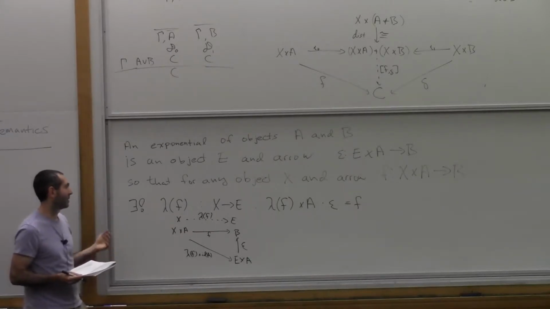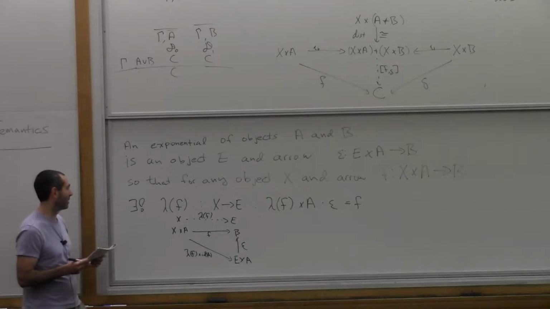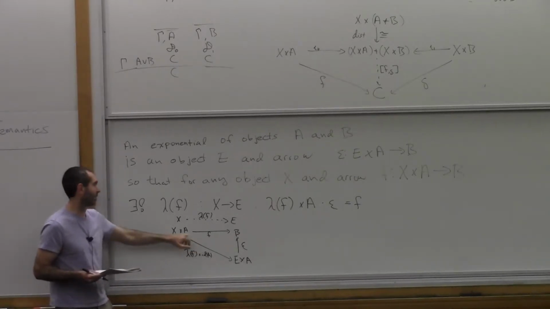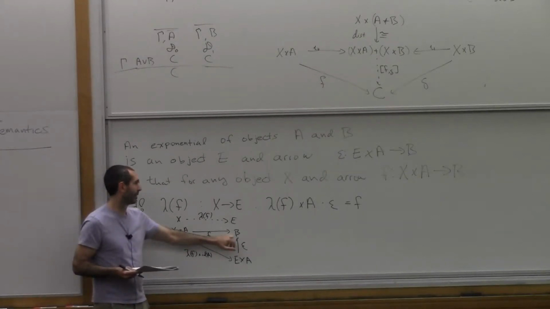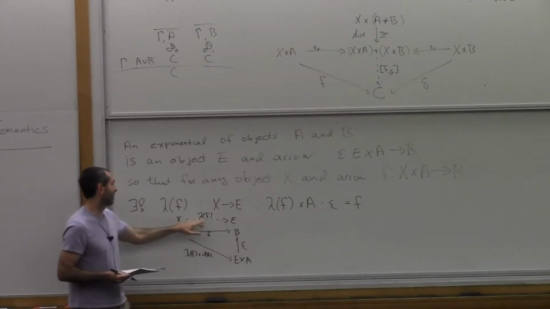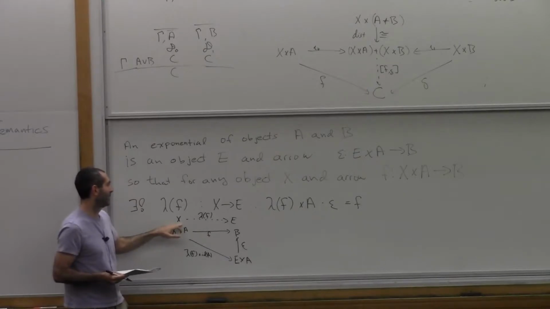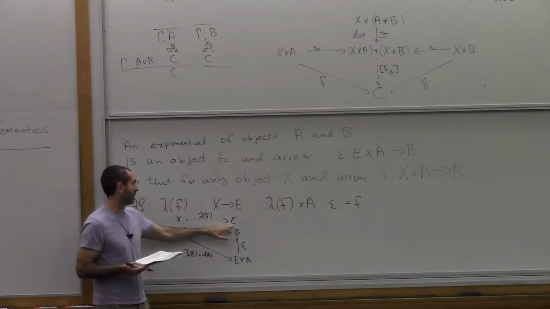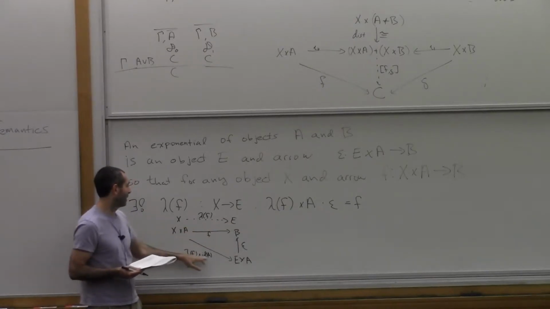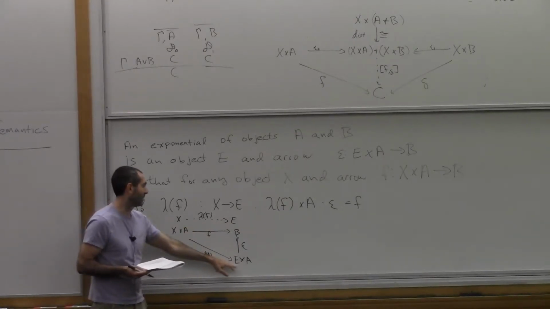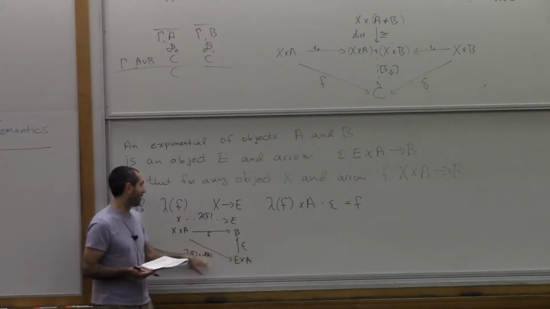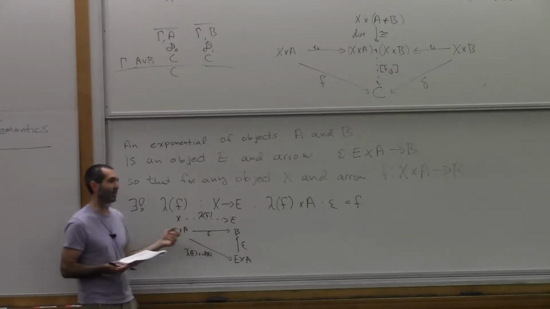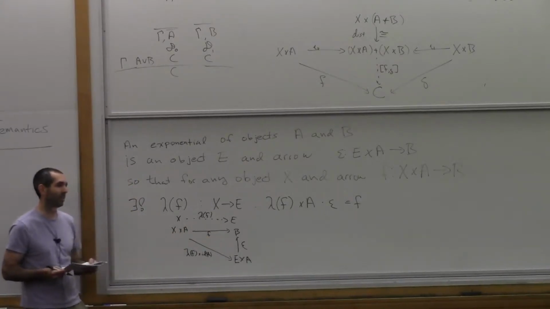So if we think of f as a function of two arguments, one from x and one from a, that gives you back a b, right? We think of this as the curried version of f that just takes the first argument and gives us back what we think of as the curried function. So that if we take that and we just do nothing on the second argument, and then we evaluate that curried function on the second argument, we get back the same answer that the original function would have given us if we had given both arguments at once.